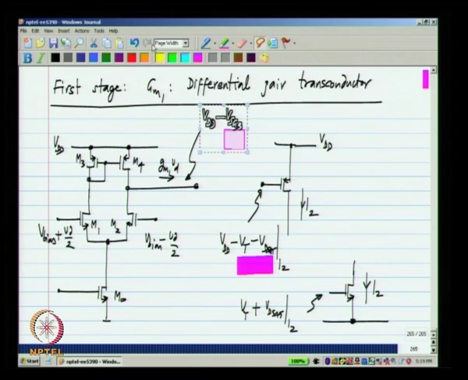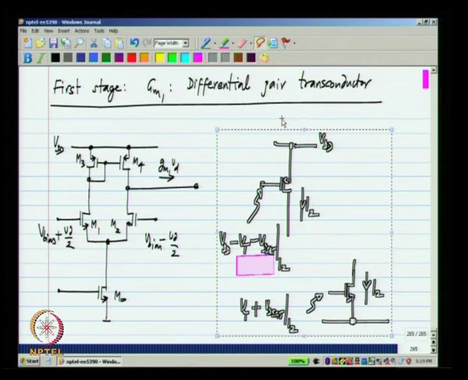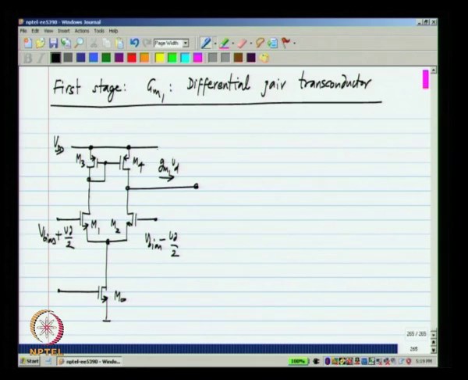Okay. So, my second stage GM will be that, and I would want as high a DC gain as possible in this as well.